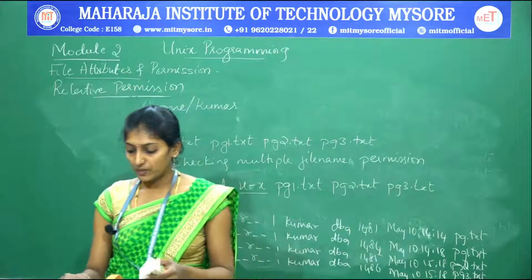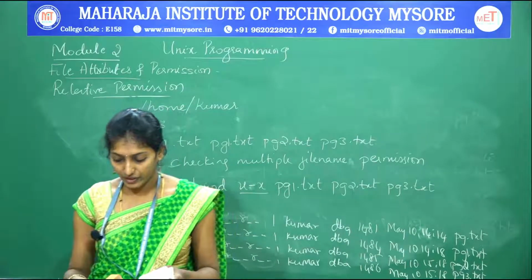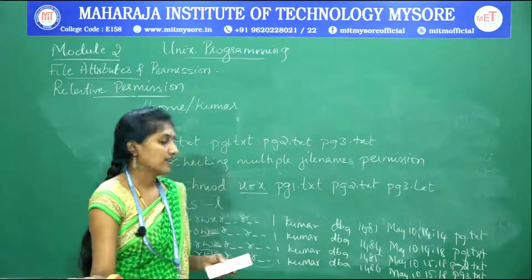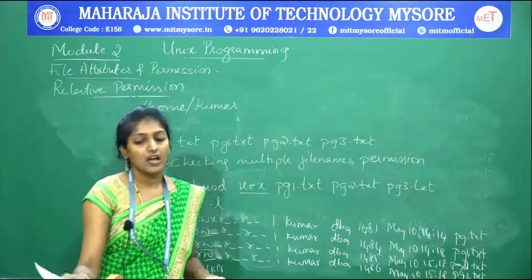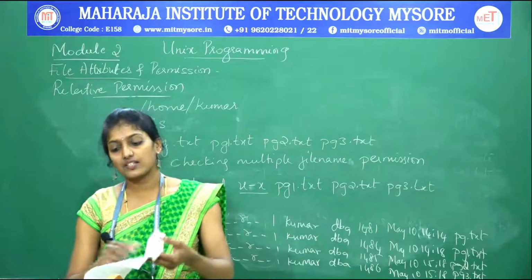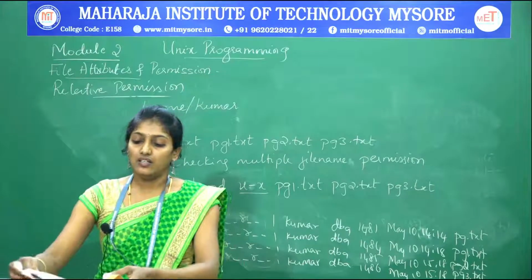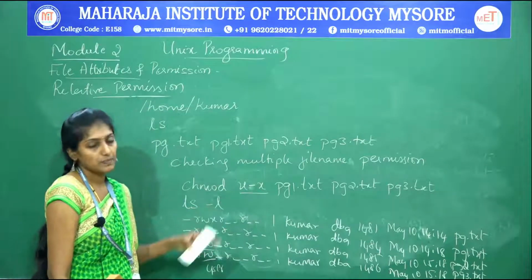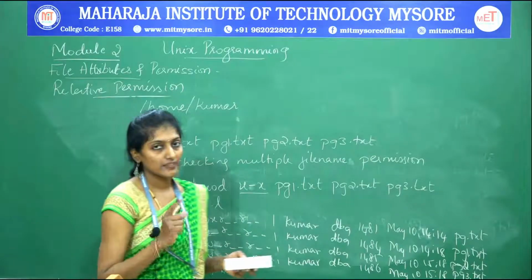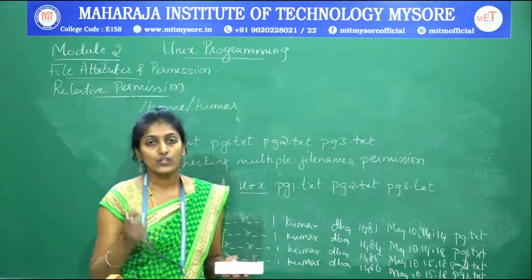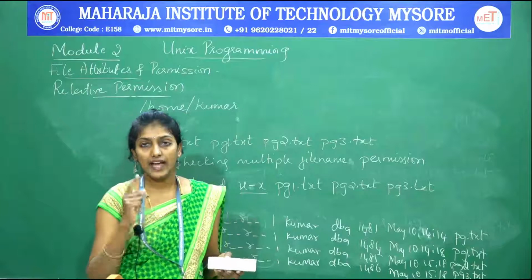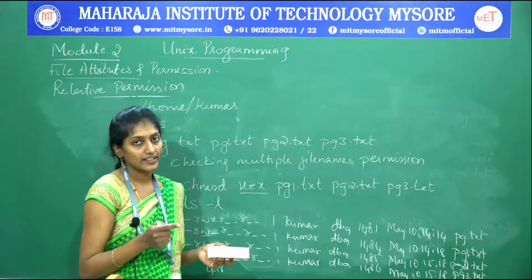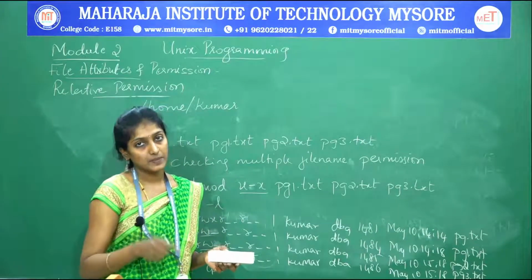To restore the original permission to the file from which you have removed it, you can assign it again with plus. We have one more variation in this: you can access the file permission categories in a multiple expression also.